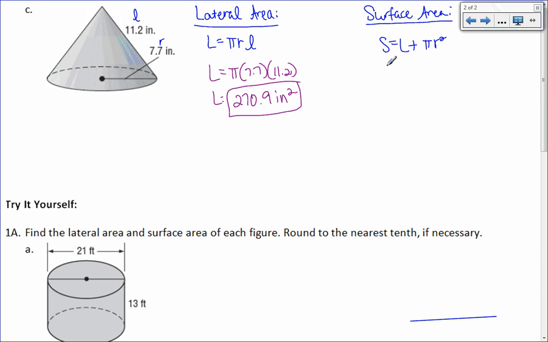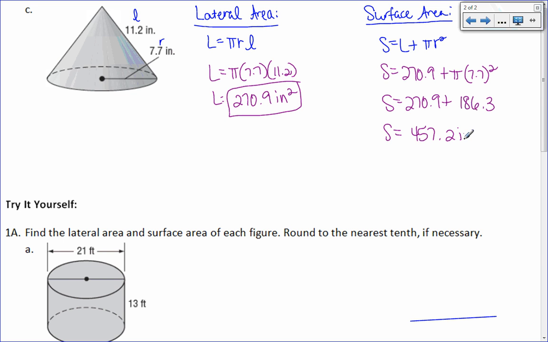Okay, for total surface area, we have S equals L, which is 270.9, plus pi times the radius, which is 7.7 squared. Okay, so pi times 7.7 squared is 186.3. And then when we add those together, 270.9 plus 186.3, we get 457.2 square inches.